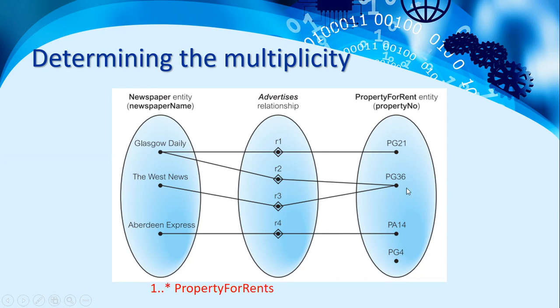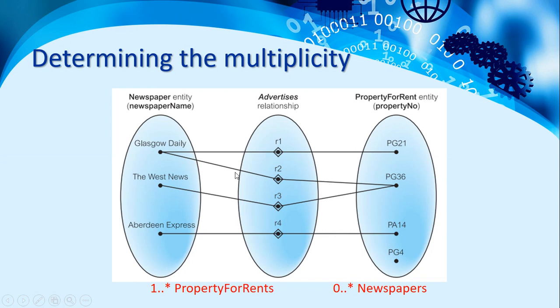And for this one here, 1 property for rent is advertised by 0 or many newspapers. So therefore, there are many properties for rent, and for each property for rent participating in this relationship, there are many newspapers. So we refer to this type as a many-to-many relationship.